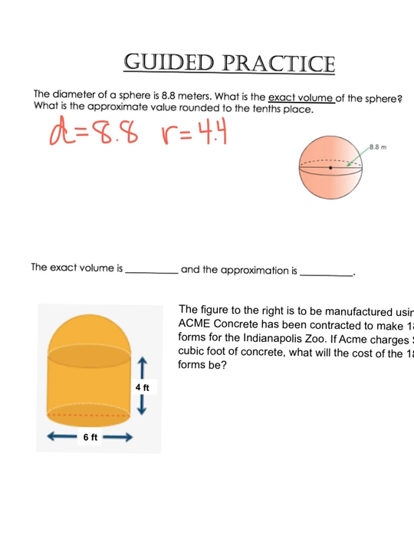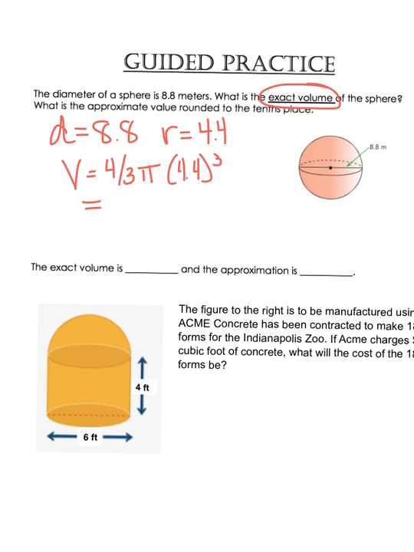I need to find the exact, that means in terms of pi, and then the approximate. So the exact: 4/3 times my radius, 4.4 cubed, equals. Now I'm going to do the exact, so 4 divided by 3 times 4.4, and I'm using the caret function.